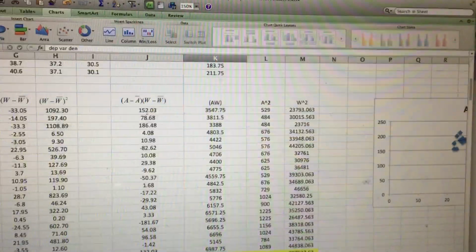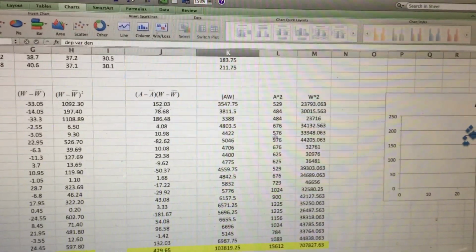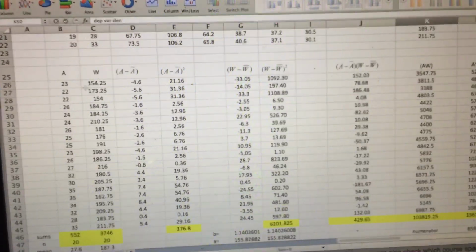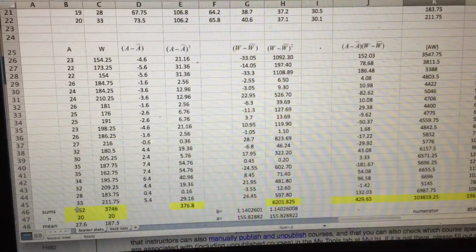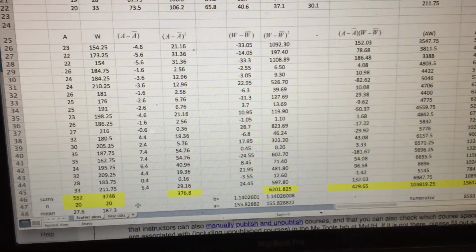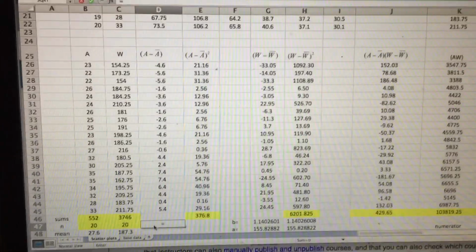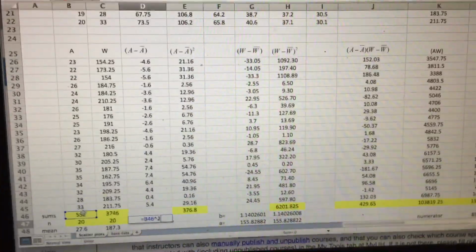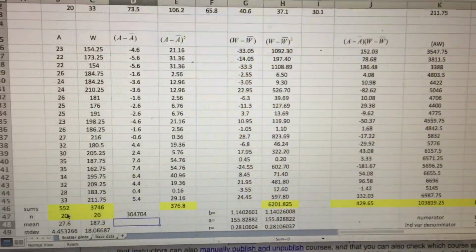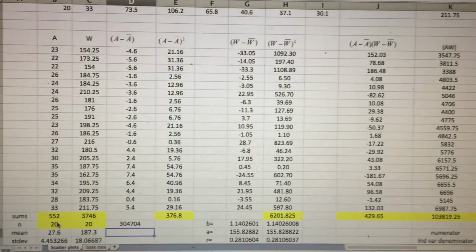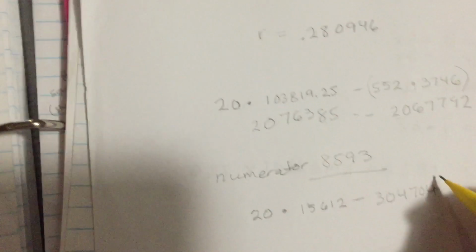Okay, so this one is not the same as this. This is not just each one squared and summed up. This is summing up all of the ages and then squaring it. So 552 squared, which I'm just going to use the computer for, and we've got 304704. Okay, you got that? Okay, so that's in this bracket.